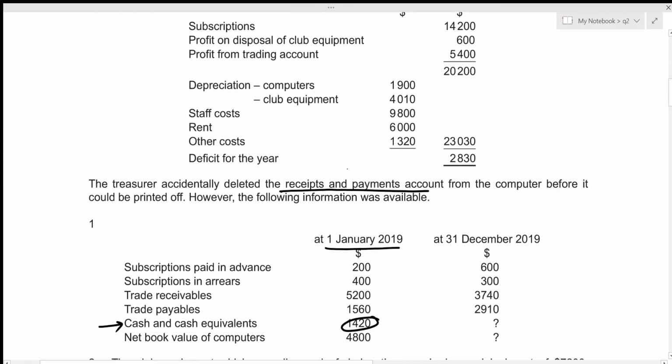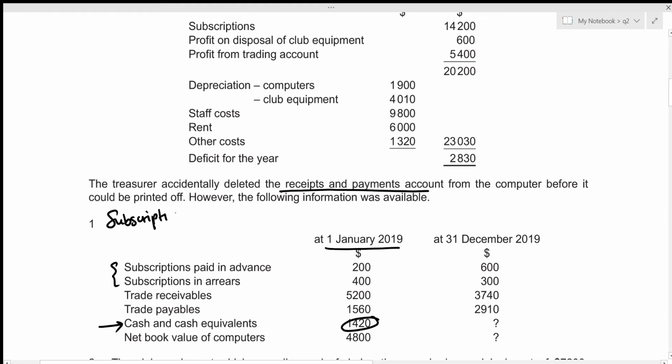Then we are given subscriptions information. So first let's figure out the actual subscriptions that we received, right? Because subscriptions is something that RX Sports receives in favor for people becoming their members. So we are going to figure out our subscription.